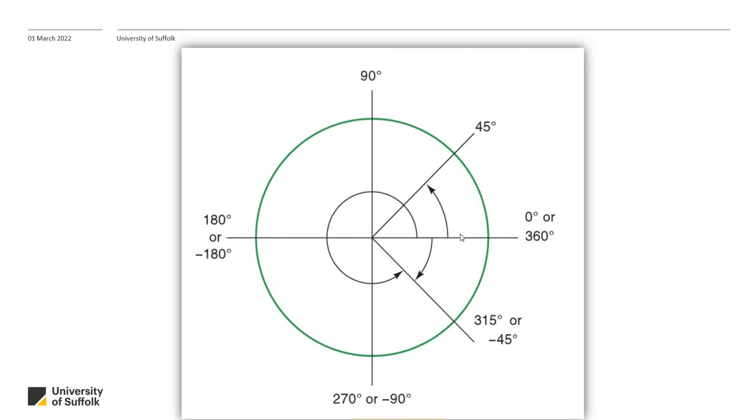However, if from our starting position we move clockwise, then a 90 degree motion will be assigned a negative sign in front of it, minus 90 degrees. And another 90 degrees round will take us to negative 180 degrees.